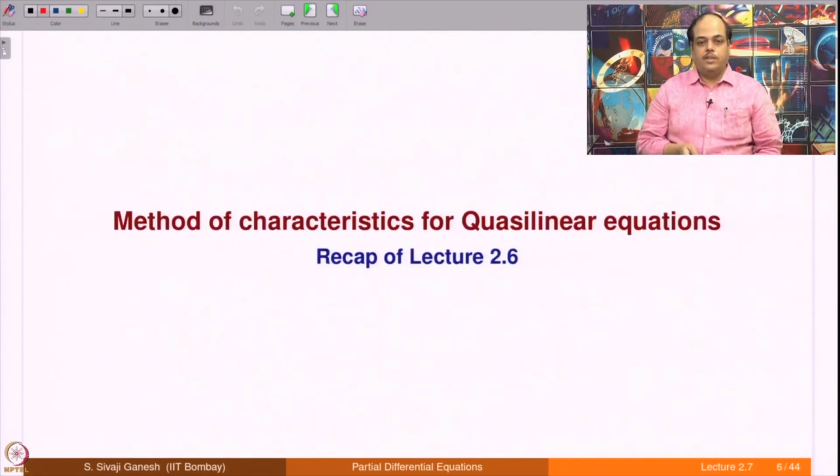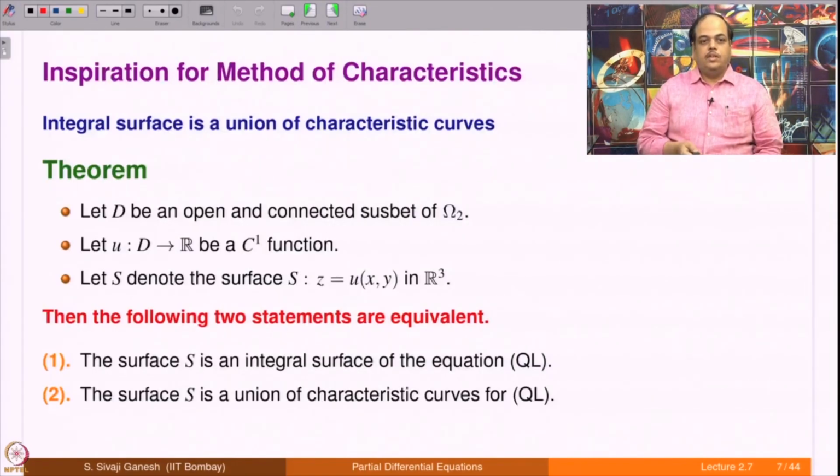Now, let us look at the method of characteristics which was discussed in the last lecture. The inspiration for method of characteristics is the following theorem which said give me a surface of the form z equal to u(x,y), then saying that this surface is an integral surface is same as saying that this surface is union of characteristic curves corresponding to quasi-linear equations.